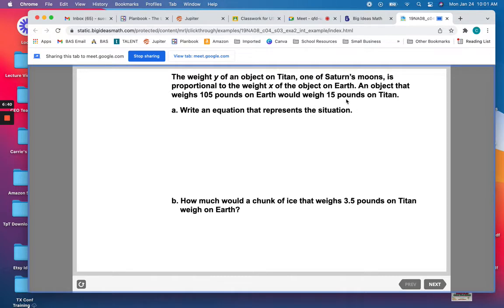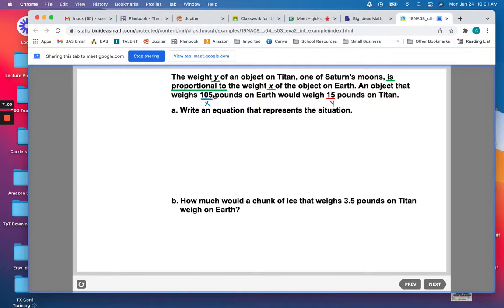So they've given you 2 points, essentially. They've told you that on Earth you're 105, and then on Titan you would be 15. Okay, so we're going to use that information and plug this in. You see how up here it says y is the weight on Titan, whereas x is the object on Earth?